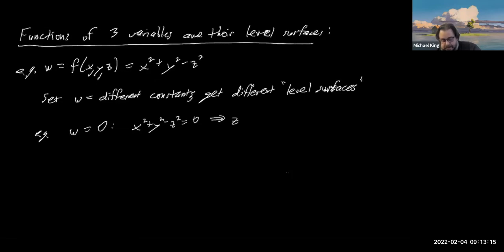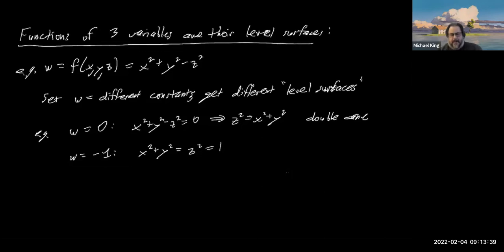So that's z squared equals x squared plus y squared, and that's the double cone. But if we tried W equals -1, the question is, why did it end up being the picture that we saw? That's a -1, right? Minus z squared equals -1.